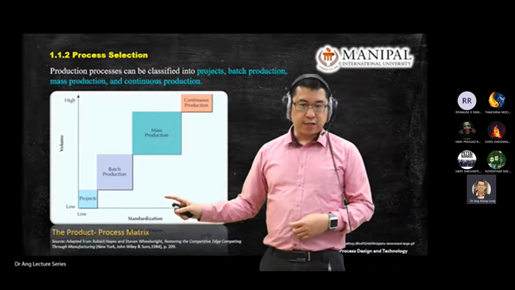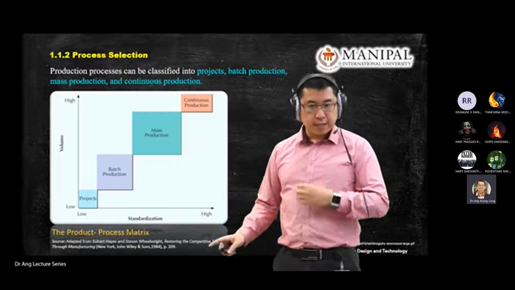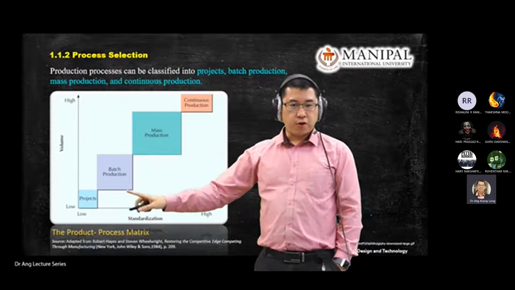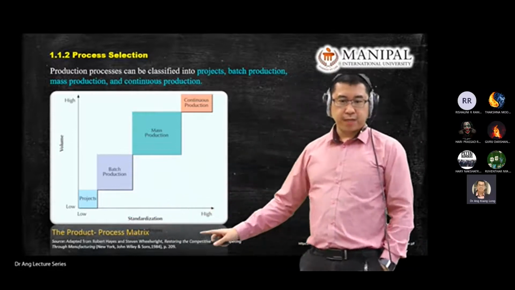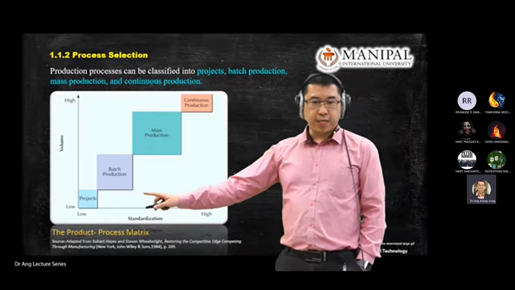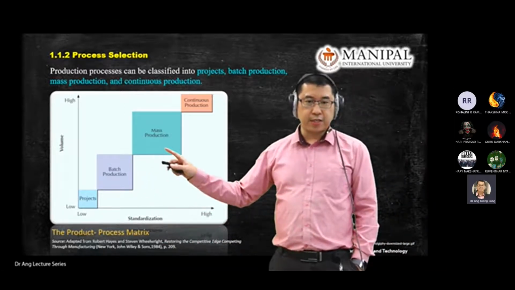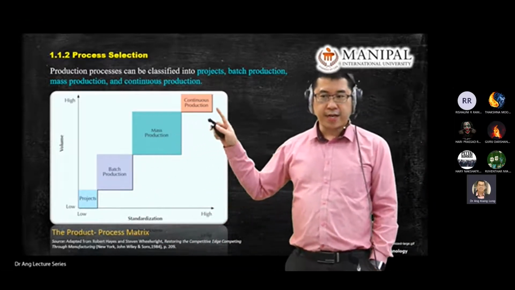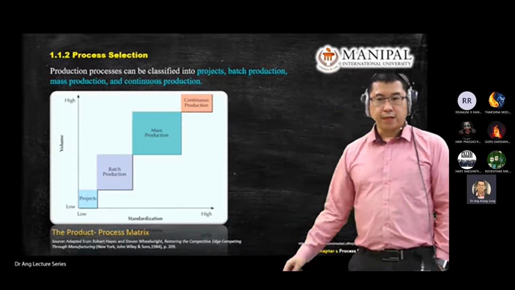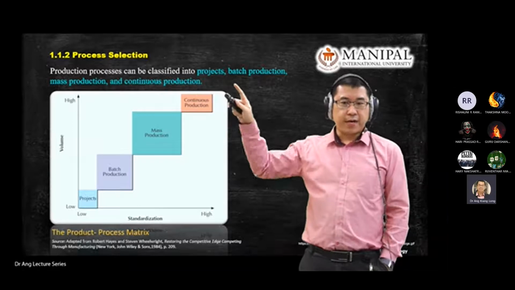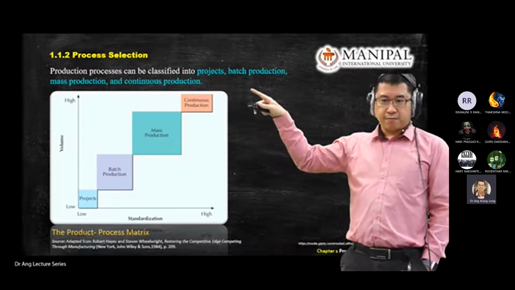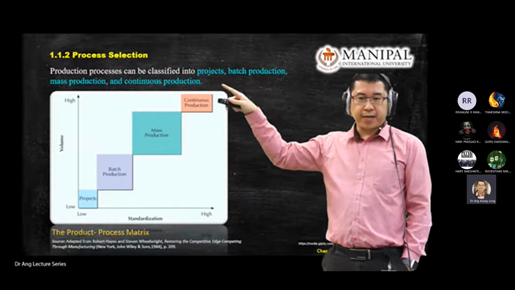So you have two dimensions, volume versus standardization. It's called the product process matrix. We're going to explain what is a project, batch production, mass production, and continuous production. This might come up as your assignment question, or maybe a little part in the final exam.